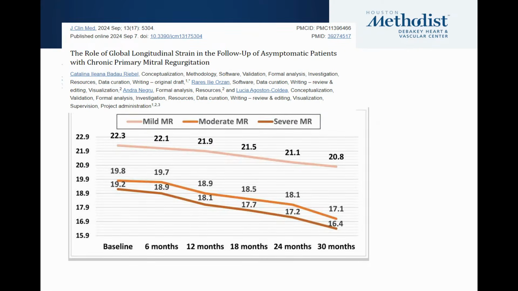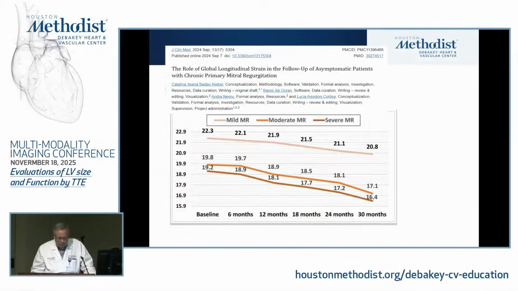Then this is a more recent study in which they followed through 30 months the behavior of GLS in patients depending on the severity of mitral regurg. So those with mild MR drop a little bit. Again, these are average values, so you're always going to have variability between patients, but as a group, they go from 22 down to 21 over 30 months.